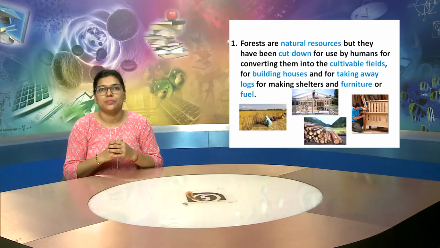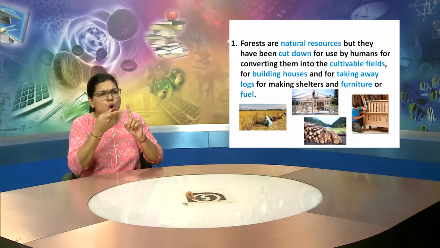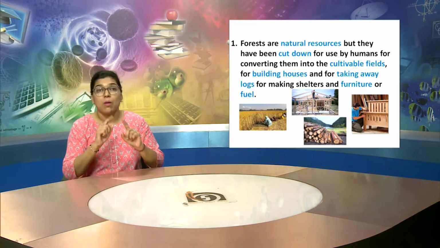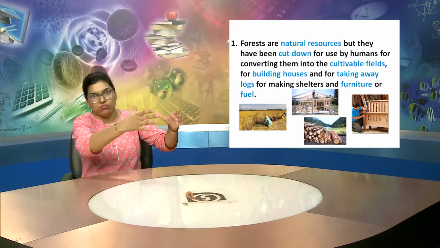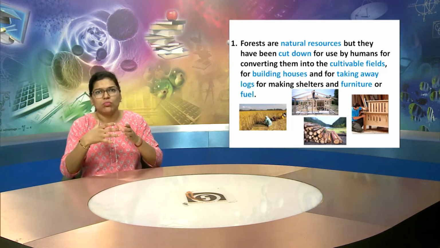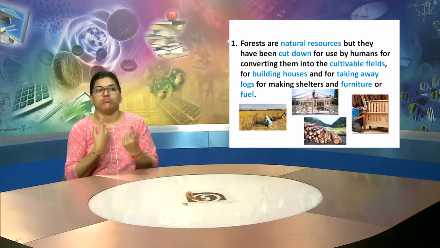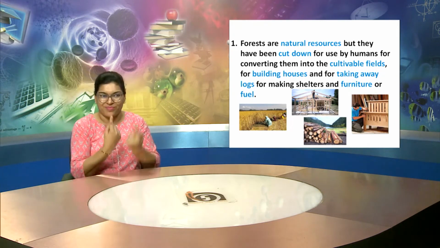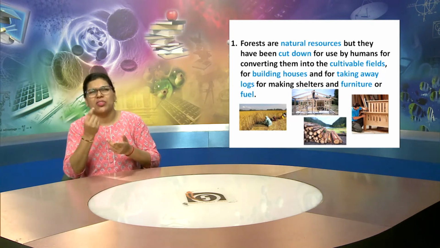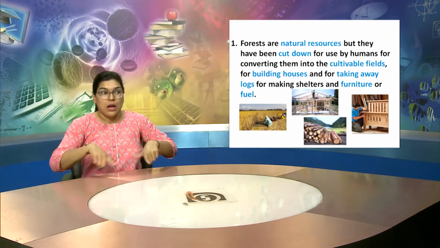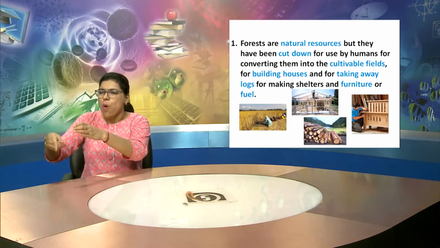We will understand this topic in points. So, the first point is in front of you on screen. It explains that forests are natural resources, but they have been cut down for use by humans for converting them into cultivable fields, for building houses and for taking away logs, for making shelters and furniture or fuel.